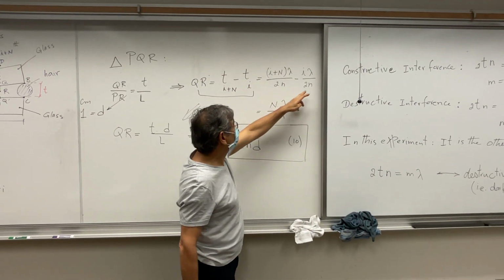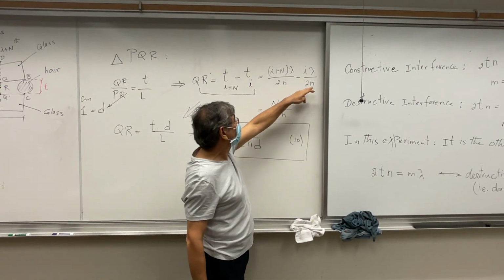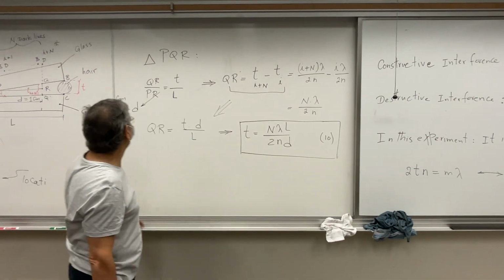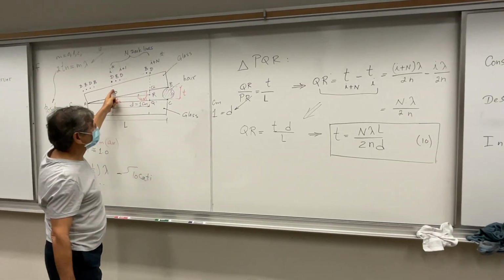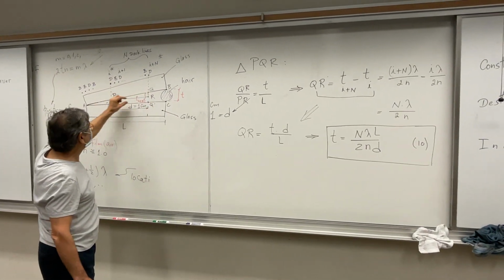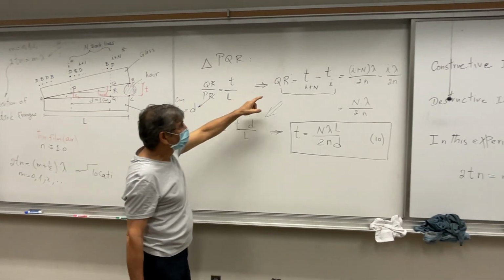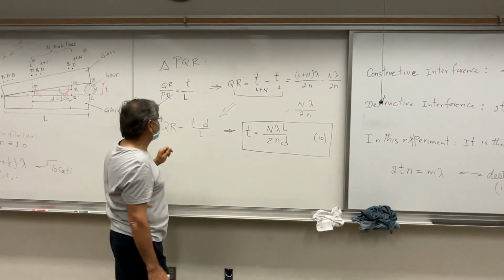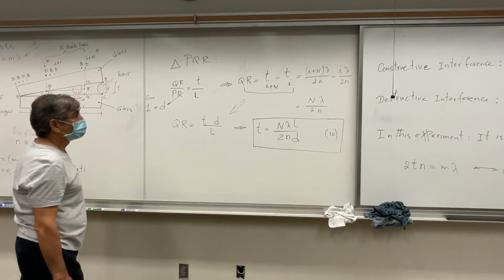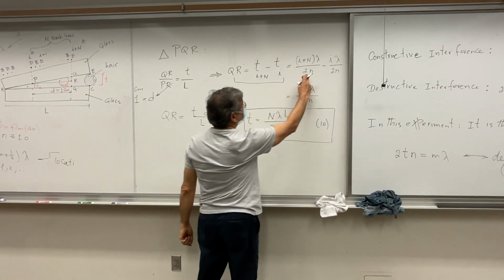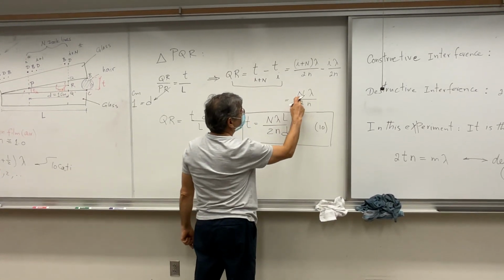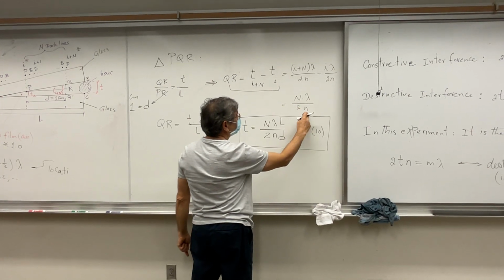This Ti is going to be the thickness of the wedge at the other end, which is at this point. So subtract these two thicknesses, and you are going to get QR. Okay, and therefore, of course, you simplify this right-hand side, and that becomes N times lambda divided by 2n.